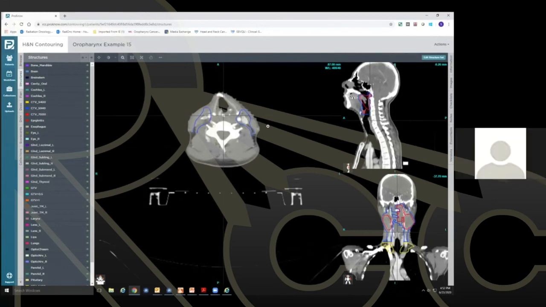Sorry, in extending the contour anteriorly. So usually the fat space is very thin. So can we include a posterior part of the SCM, or we just include the fat space extending anteriorly? Usually we cover just the fat space, but sometimes it's so thin, you may include a little bit of the SCM.